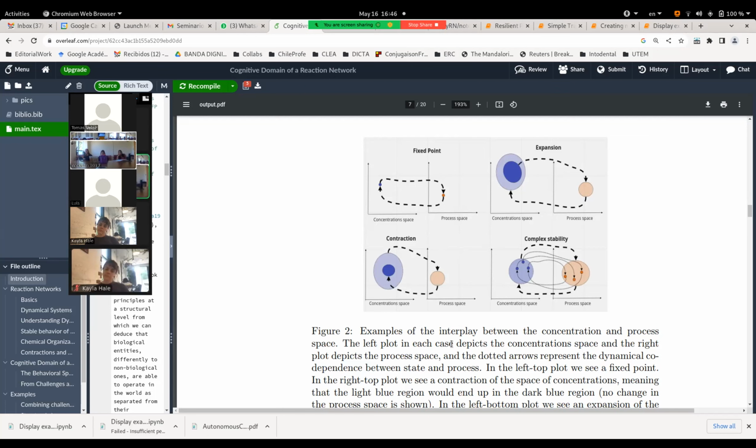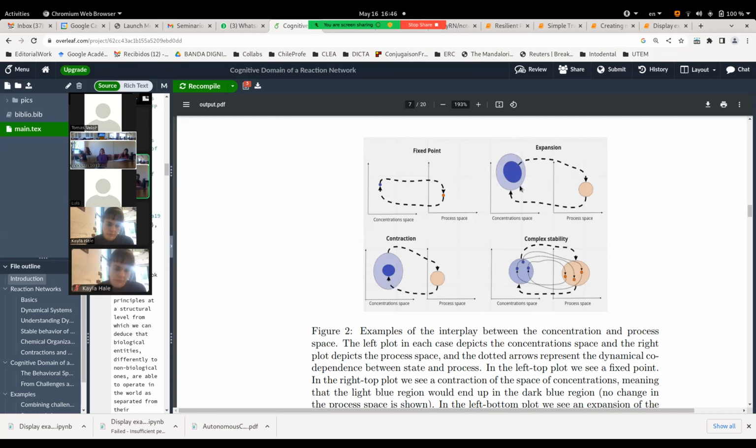So every point in the concentration space maps directly to a point in the process space. And we have a fixed point when the process space maps back to the same point in the concentration space, because all the reactions happen, but the concentrations remain the same, since what is spent on one side is created on another side of the reaction network. So this is an abstract picture of a fixed point in the concentration-process interplay space.